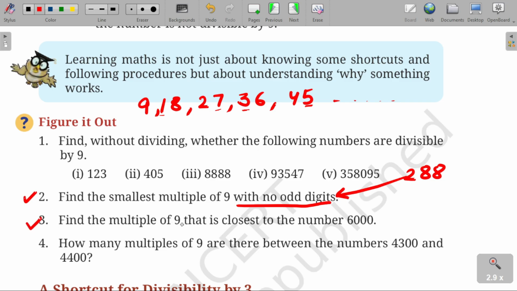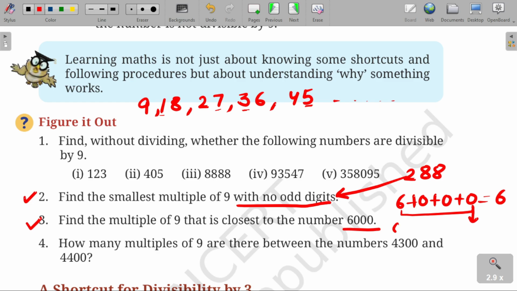Find the multiple of 9 that is closest to the number 6000. See, to be the multiple of 9, the sum of the digits should be a multiple of 9. For this number to be a multiple of 9, the minimum term that we should add is 3.